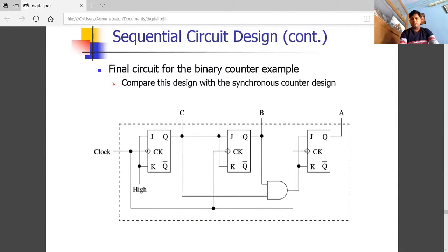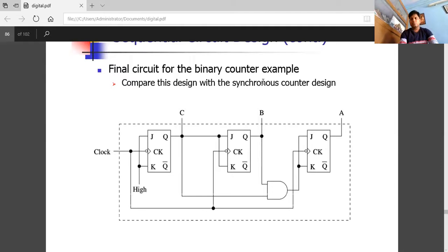But we will try to do it on the whiteboard. So we have 3 flip-flops. We have to draw 3 flip-flops.